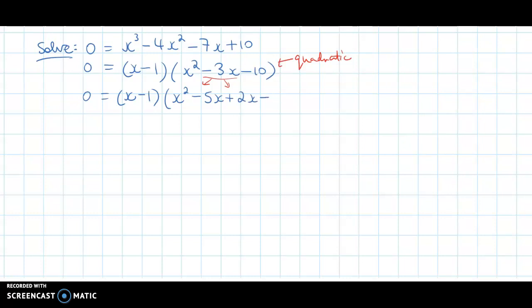And negative 5 times 2 also gives me negative 10. So if I split that up and factorise each half, the highest common factor on this side is x, and on this side is 2.